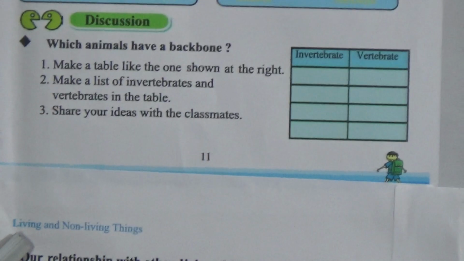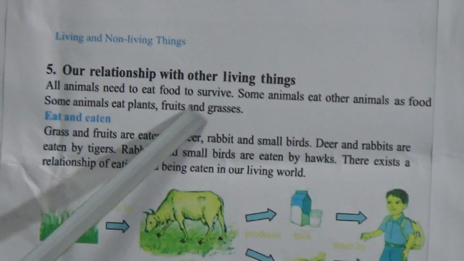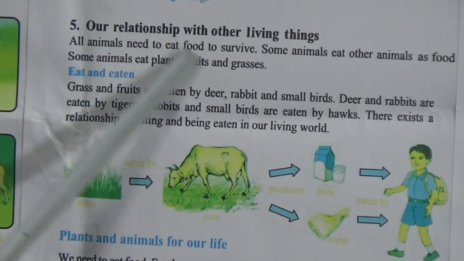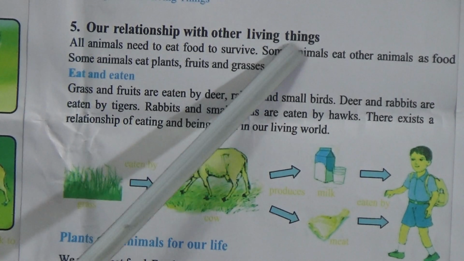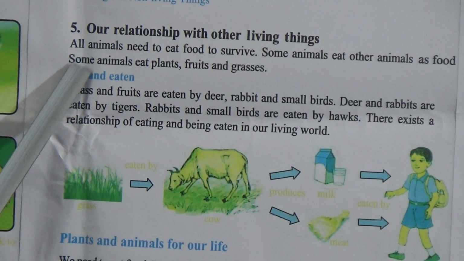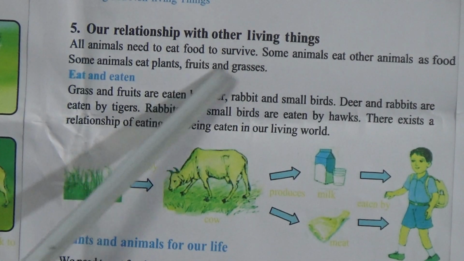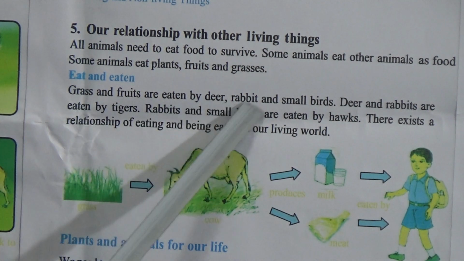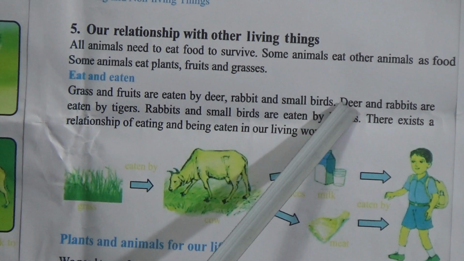Now come to the next one, that is our relationship with other things. All animals need food to survive. Some animals eat other animals as food. Some animals eat plants, fruits and grasses. Eat and eaten. The grass and fruits are eaten by deer, rabbits and small birds.